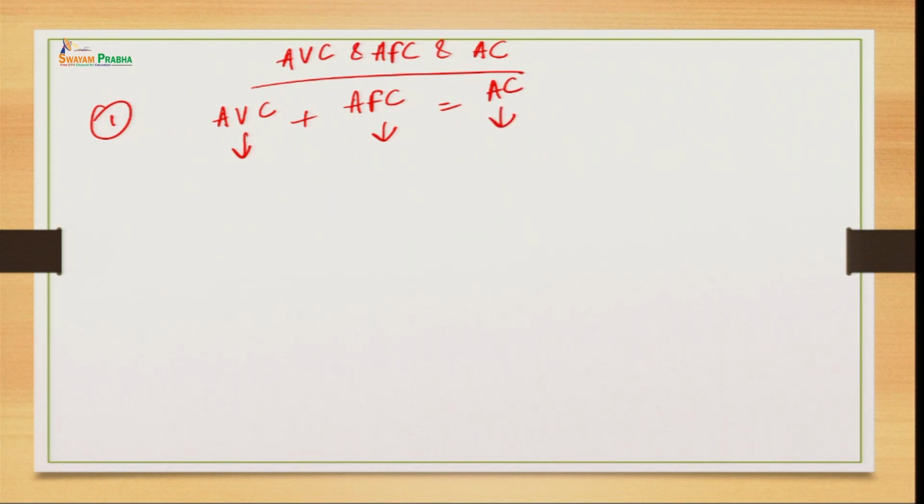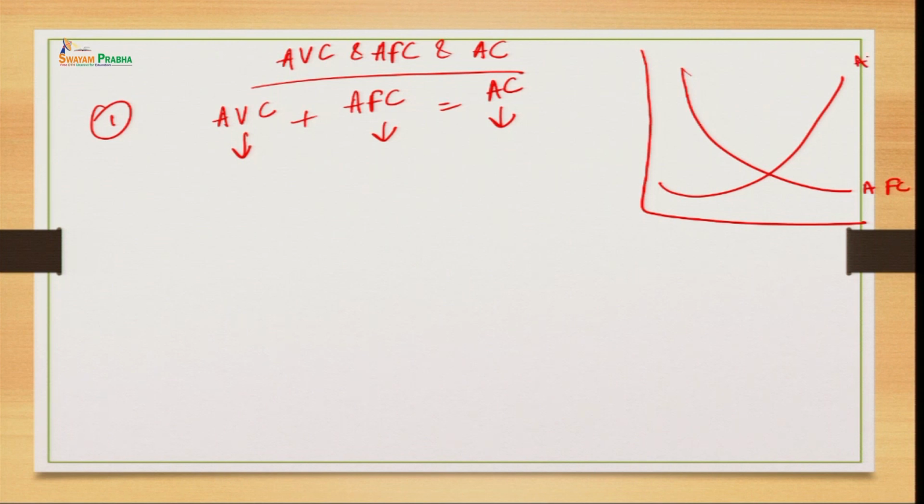We are trying to understand how these costs work, what is the relationship between them. This is how we basically draw the curves, right. This is our average fixed cost curve, this is our average variable cost curve and this is our average cost curve. So, right now we are understanding the relationship between these three costs. Initially our average fixed cost is declining, our average variable cost is declining, therefore, our average cost will also decline.